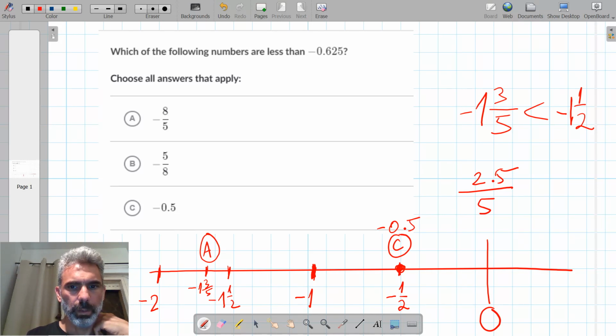And point B is a bit to the left, between point C and minus 1, to the left, because 5/8 is more than 1/2, and it is negative, so minus 5/8 should be somewhere here. So this is point B.